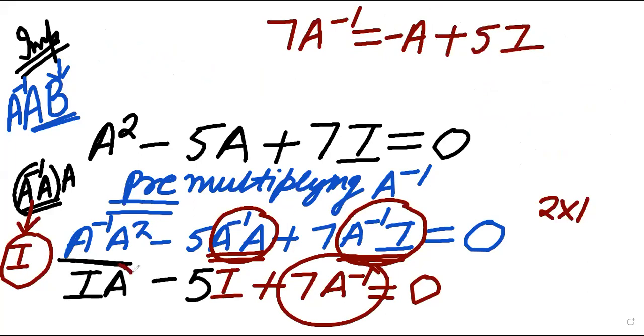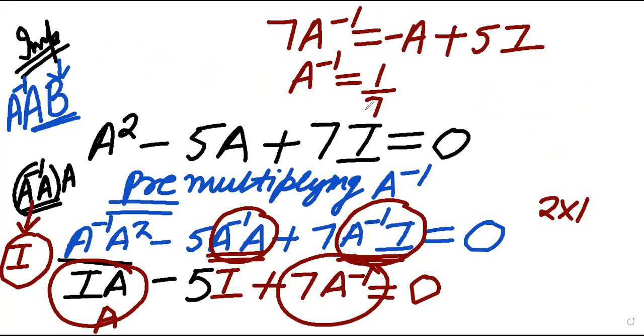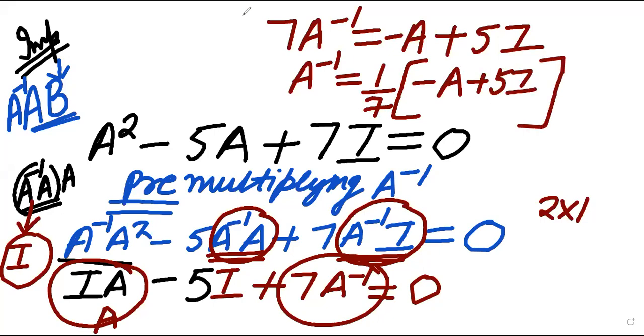Identity into A gives A, and taking A to the right-hand side gives minus A plus 5I. So what is the value of A inverse? Now we got the answer: 1/7 times (minus A plus 5 into identity). This is your result. Multiply 5 with identity, subtract A, and divide by 7, and that will give you A inverse.